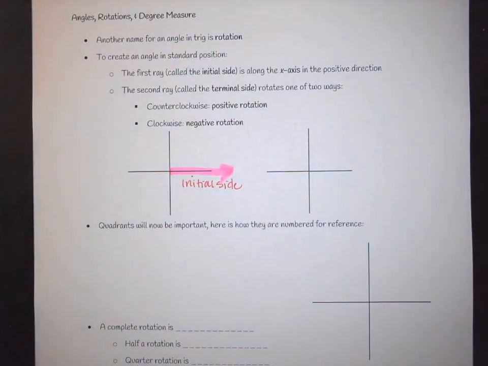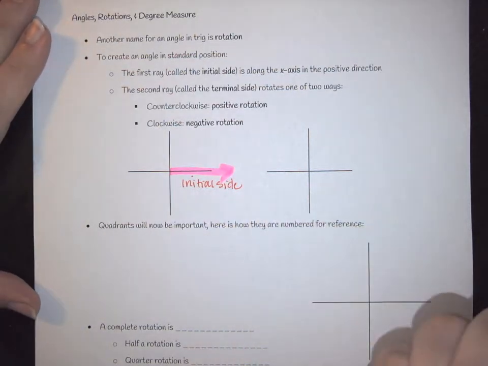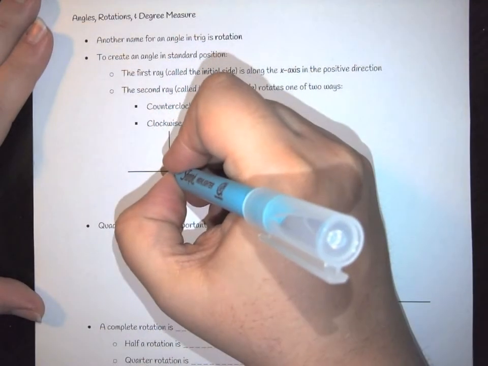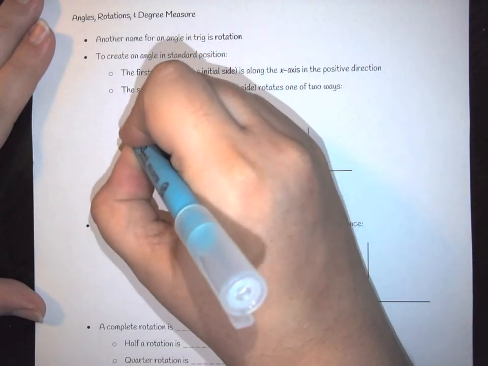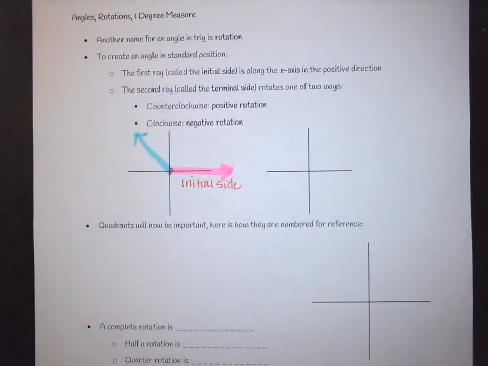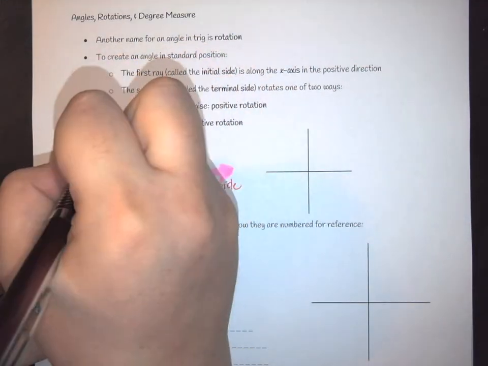And then with that, you would need to know what your terminal side is. So your terminal side would be any kind of ray that shoots out forming an angle. So let's say it was something like this blue one here. And so this would be considered your terminal side.